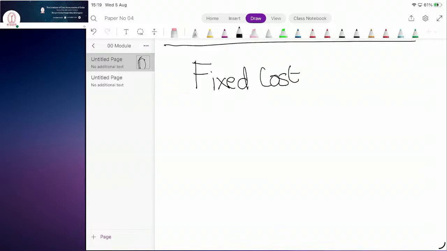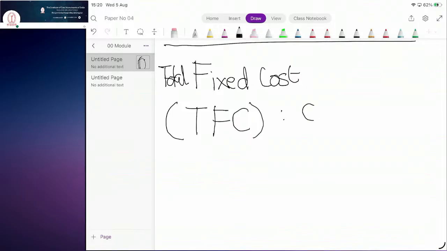Okay, or just write total fixed cost. Okay, it is symbolically written as TFC, total fixed cost.